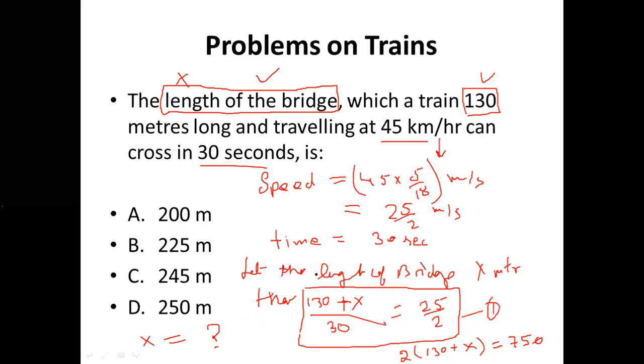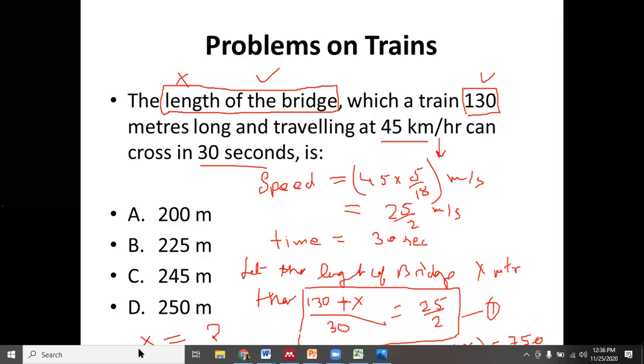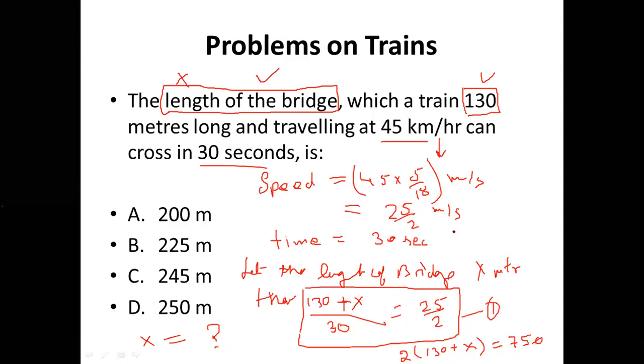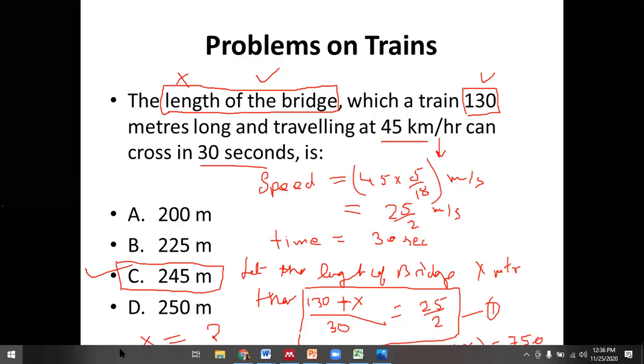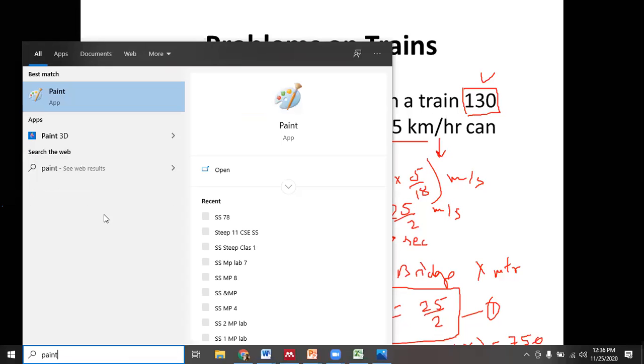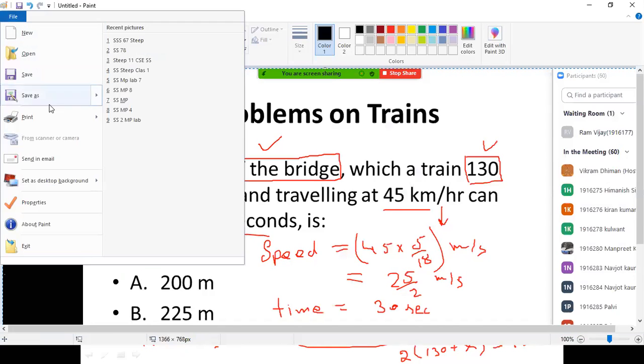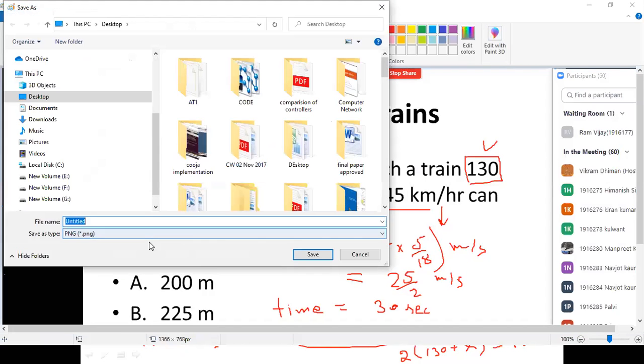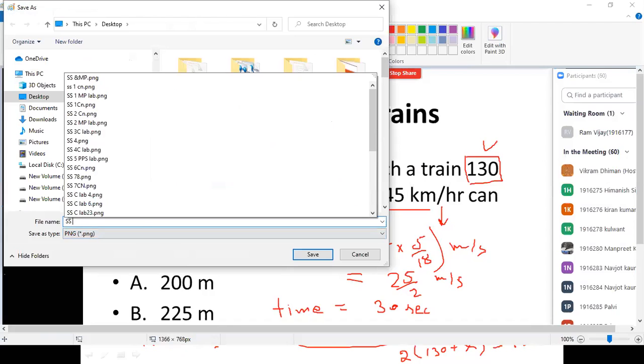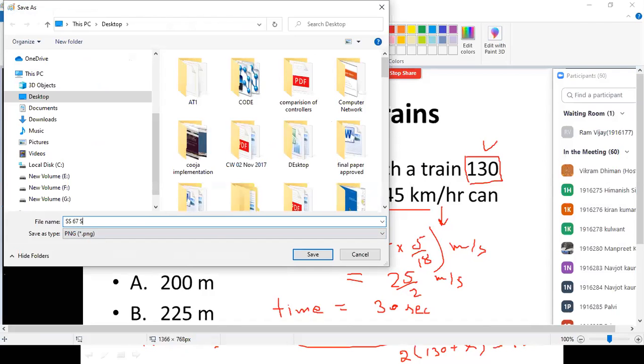Solve this equation, find the value of x, then tell me what is the answer. Yes, 245 meter. Giving you 245 meter. Yes, good, very good. The correct answer is 245 meter. Yes, Himanish, is it clear? Yes, class, is it clear? Okay.